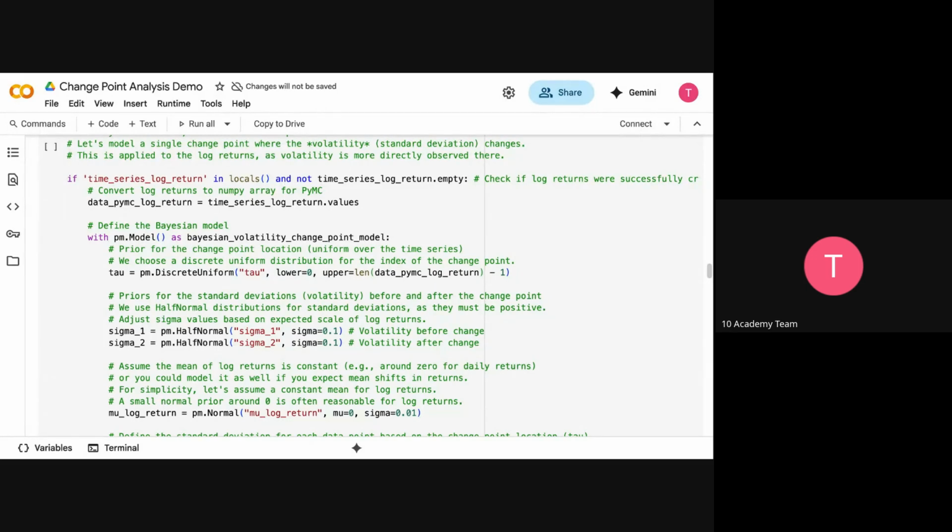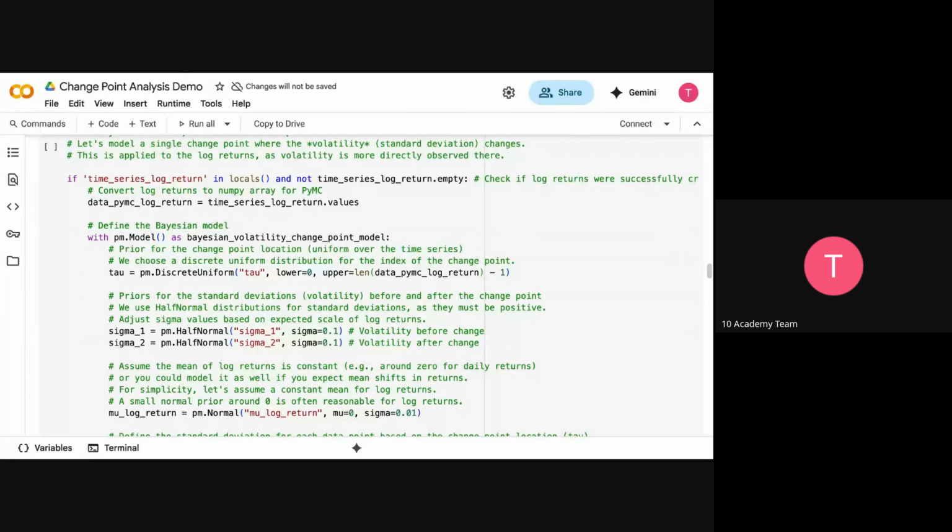Here I'm just defining the model. From the PyMC models, I'm going to define the Bayesian model. It's going to help me identify the change point location, with a prior that is uniform over the time series data. You have a lot of methods to identify this, but I have used the discrete uniform distribution to identify the index of the change point.